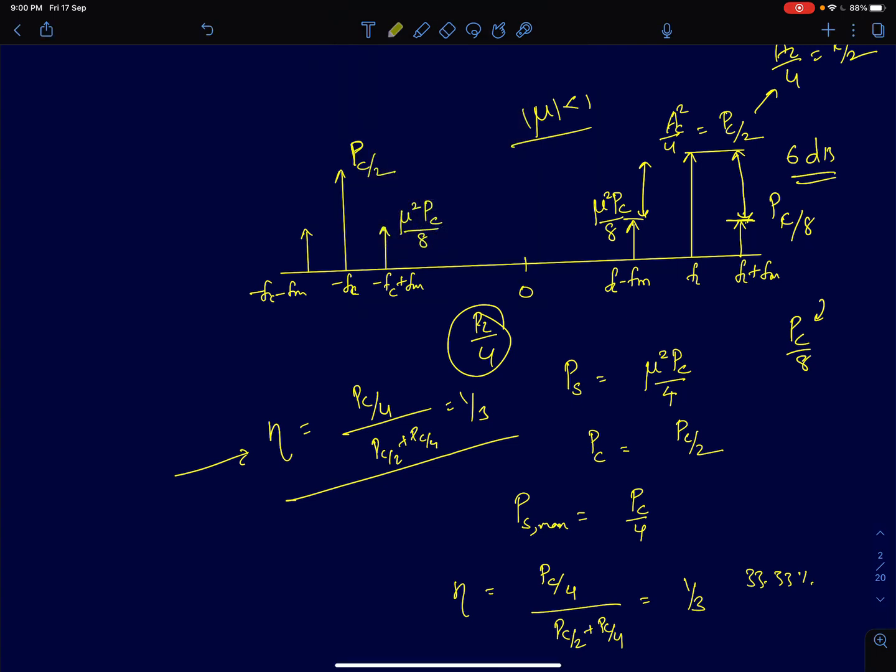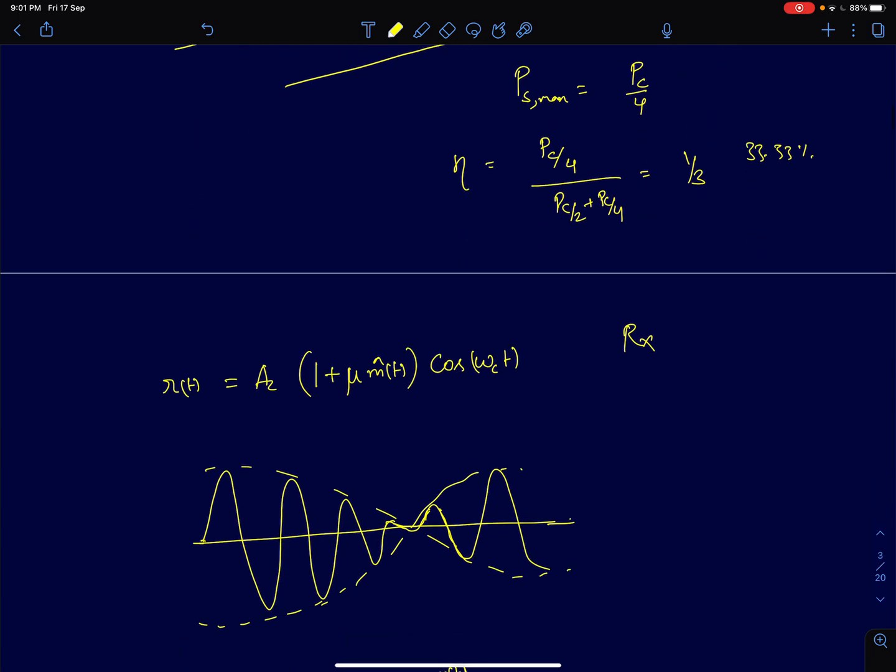Now this is the total power the antenna is radiating. Out of the total power it is radiating, only a small fraction of it, in fact 1/3 of it here, is useful power. The remaining 66.67% of that power is just carrier power. It doesn't contain any information. So that's what this result is telling us.